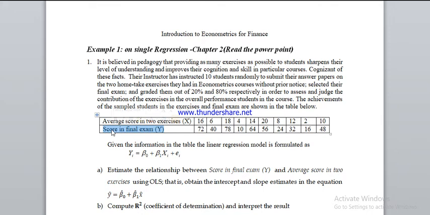So to check whether this relation is statistically significant or not, we have to collect data, analyze the data, interpret, and check whether the relation is significant or not.